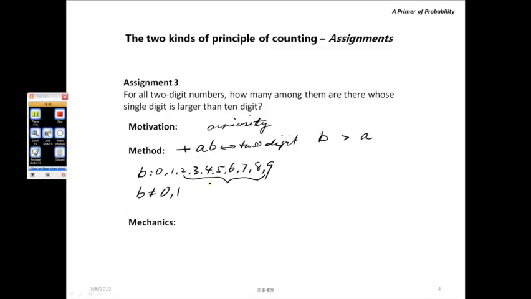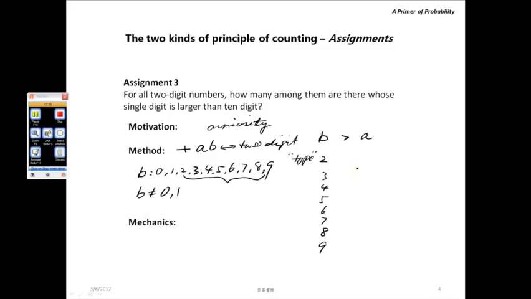Number 2 or 3 or 4 or 5 or 6 or 7 or 8 or 9 can be regarded as a type. They consist of different ways of being larger than the 10 digit.